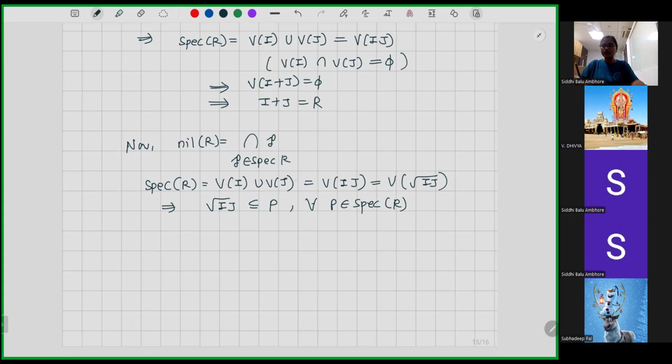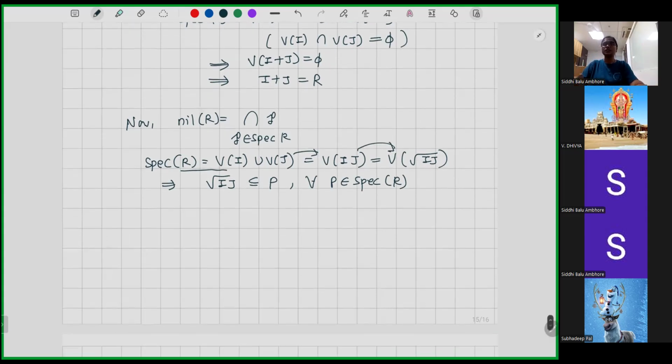Spec of R equals V(IJ) means that every prime ideal contains the radical of IJ.